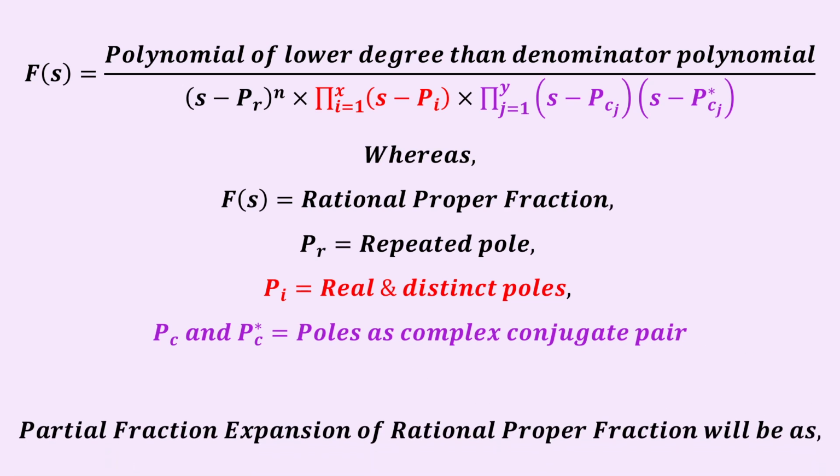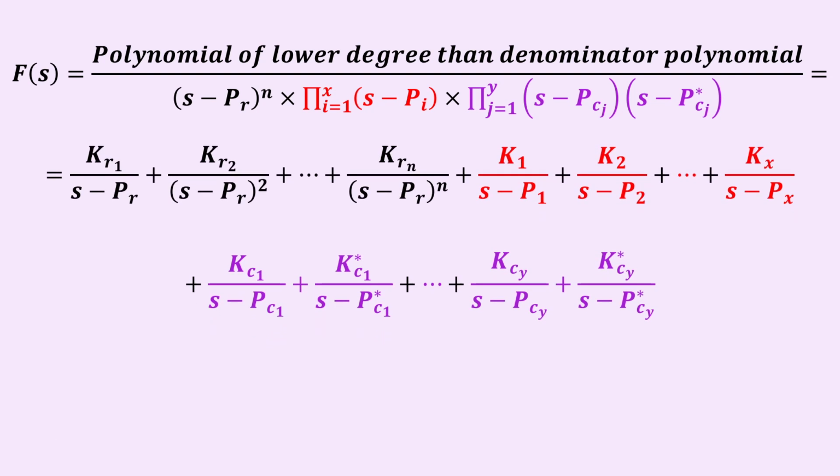The partial fraction expansion of this rational function will be as shown here. In case of a repeated pole of nth order, there will be n partial fractions added up together. Each partial fraction has the factor's power increasing, starting from first power, second power, and up to nth power.